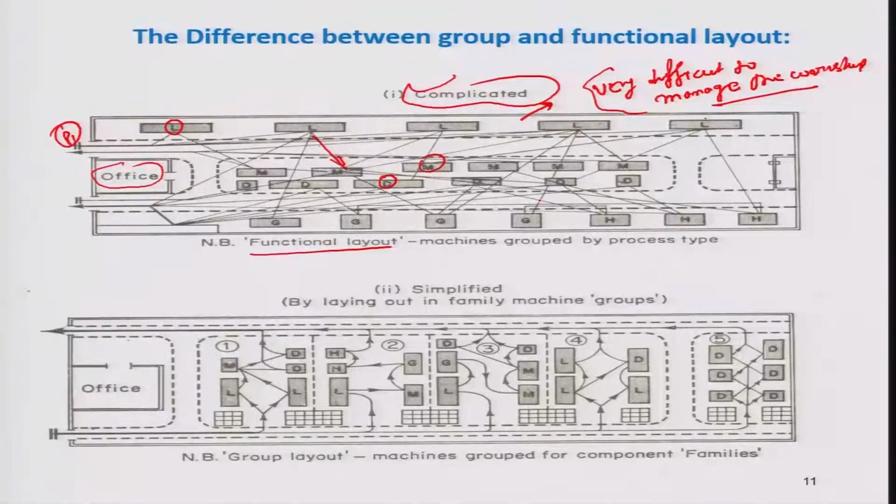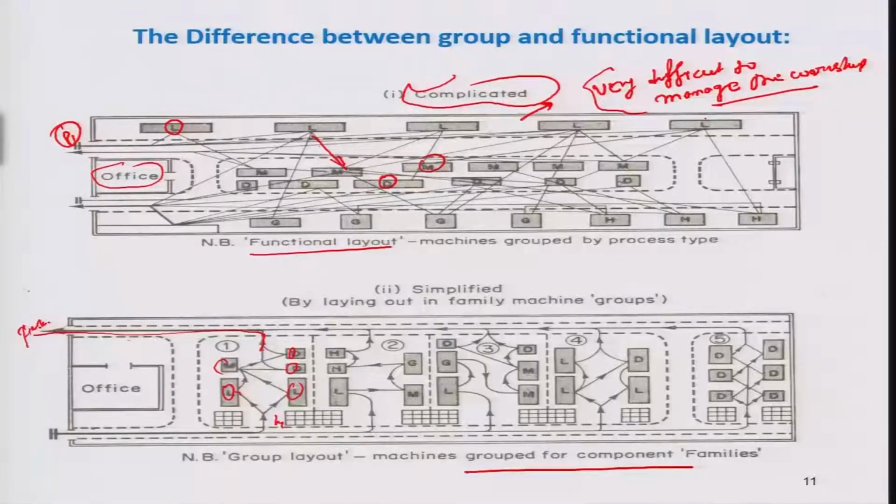Okay, so as compared to your functional layout, here you can see that in a group layout everything is very well mannered and designed. Okay, one part will enter through one group, and when it goes through there, then lathe machine, then milling, drilling, and after that it will come out as a finished product.